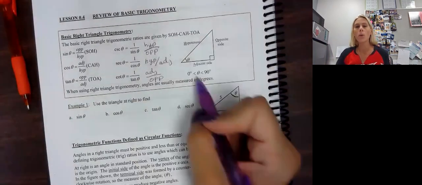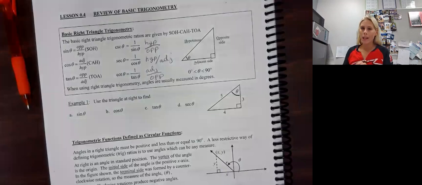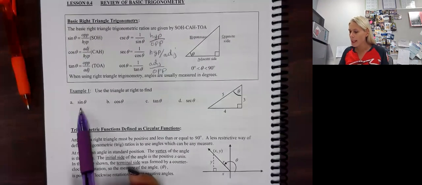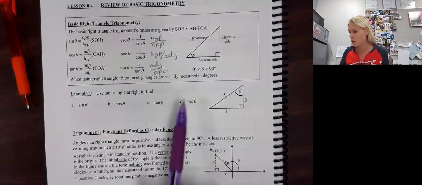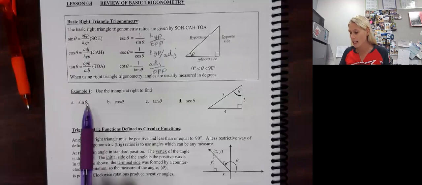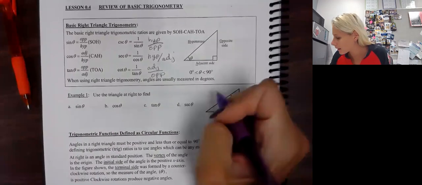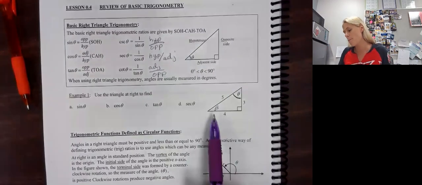Now remember, if you are only given 2 sides, you need to use the Pythagorean theorem, okay? So what we're going to do is use this right triangle to find these trig functions. What's very important is this. As you can see, it says theta. Now, if we had beta here, you would have to do the trig function from beta.